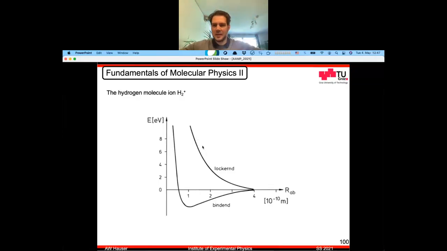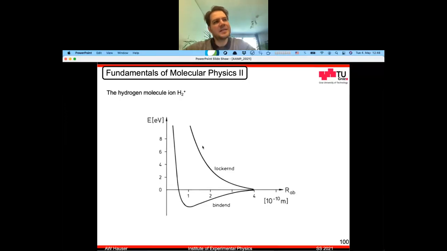So it would dissociate and break into the two separate atoms in principle. So this is the hydrogen molecule, a simple single electron problem.